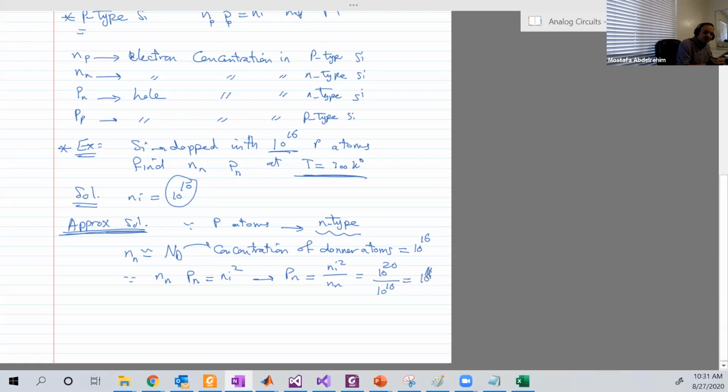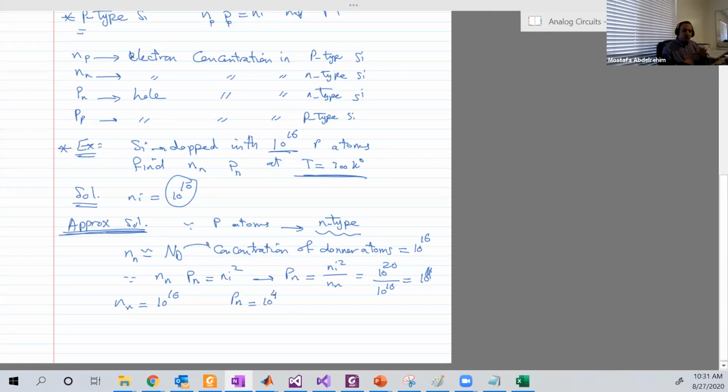So this is a good example to show that N will increase, P will decrease, the multiplication is still the same. So here Nn, in conclusion, equal to 10 to the power 16. Pn is equal to 10 to the power 4.